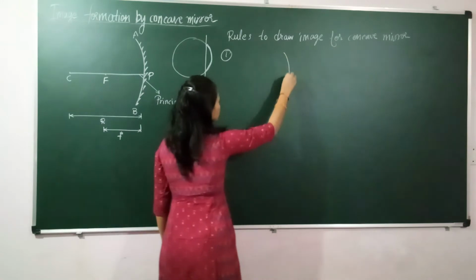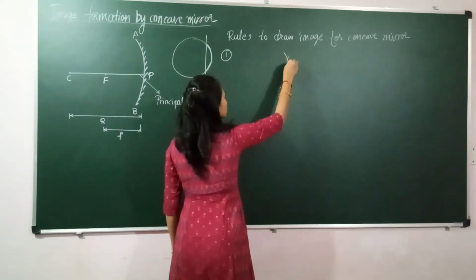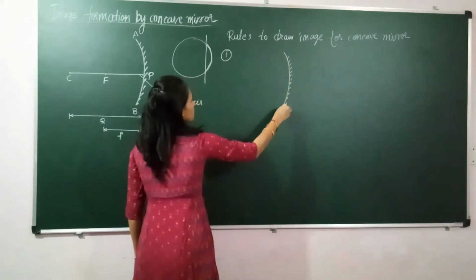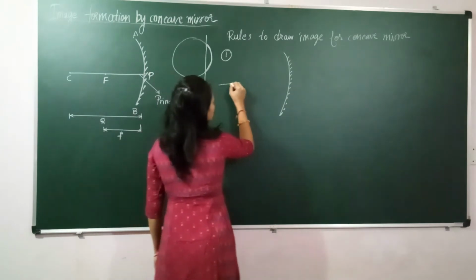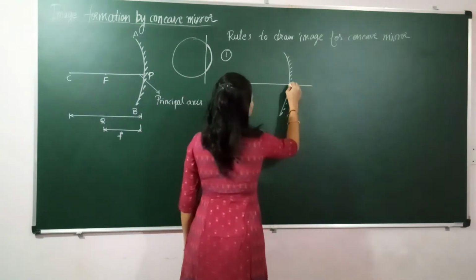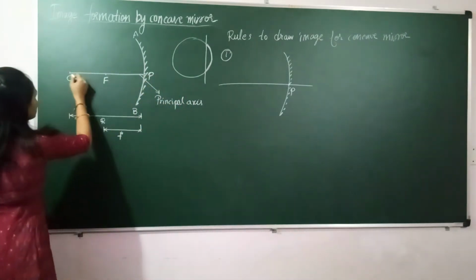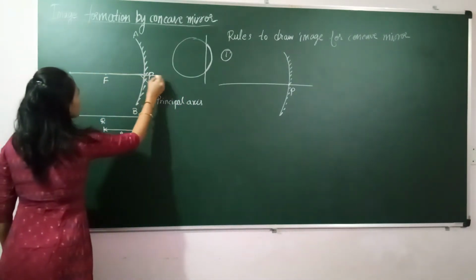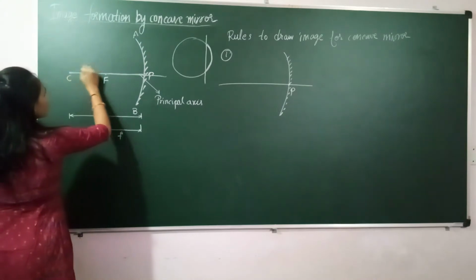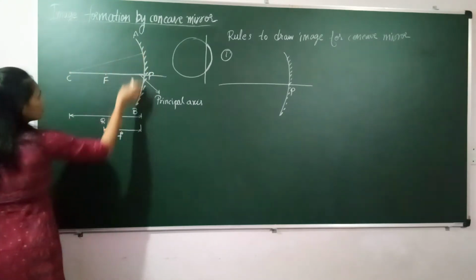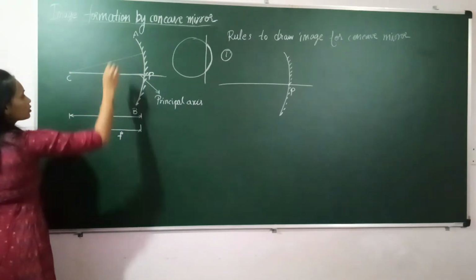For the first rule we will take the concave mirror. So this is our concave mirror. For this concave mirror, first we will draw the principal axis which is passing through the pole. Why are we calling this line the principal axis? Any line you draw from center of curvature to this sphere is also called an axis.